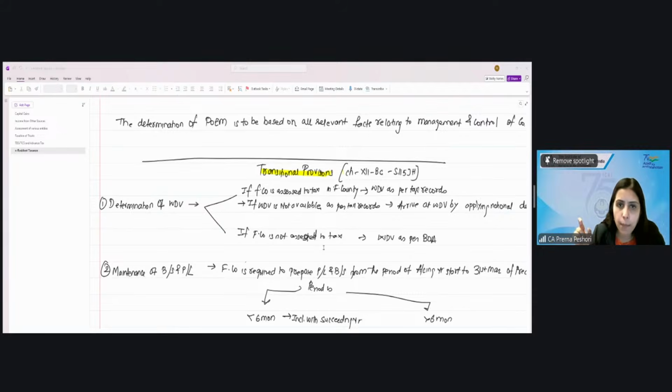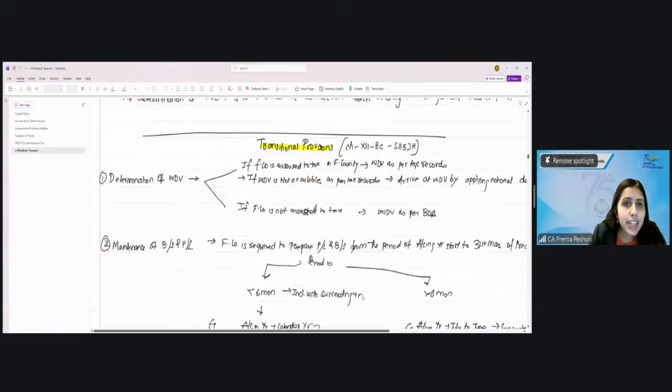So let's say, for example, if they follow a calendar year period. So now you have to prepare the balance sheet and P&L from the 1st January to 31st March over here. And next will be from 1st April to another 31st March.